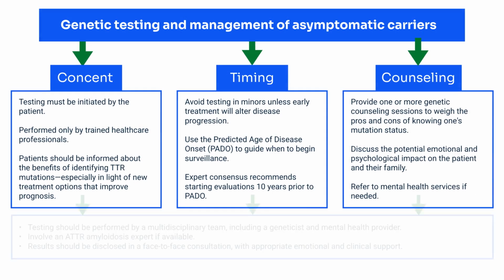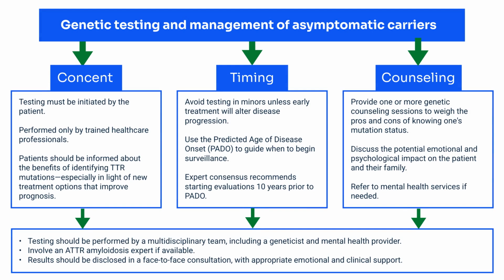Phase 2, during testing. Once a patient provides informed consent and is emotionally prepared, the actual genetic testing is performed. This should always involve a multidisciplinary team, including a cardiologist, a neurologist, a medical geneticist, and a mental health professional. In complex cases, an ATTR amyloidosis specialist may also be consulted.